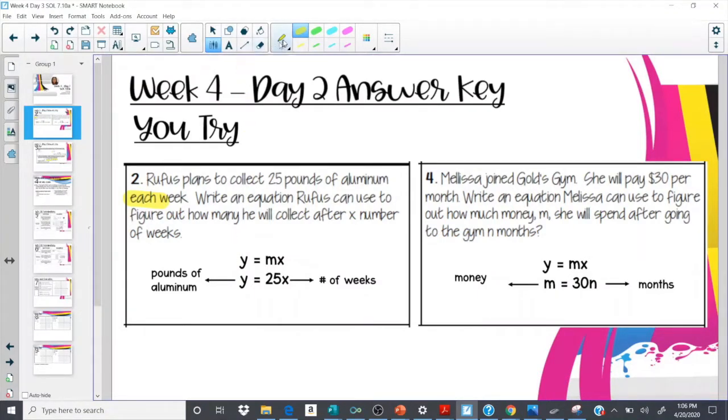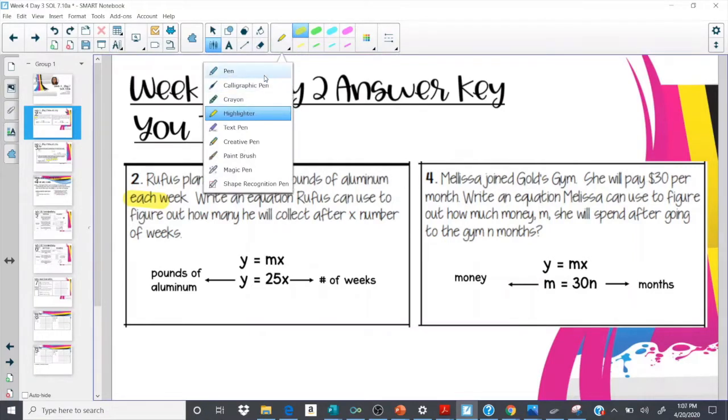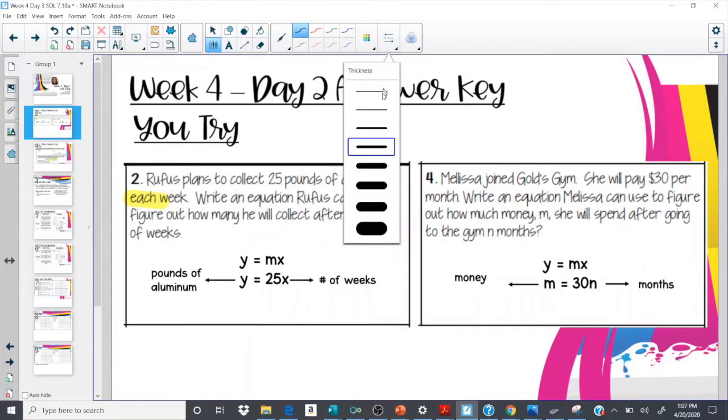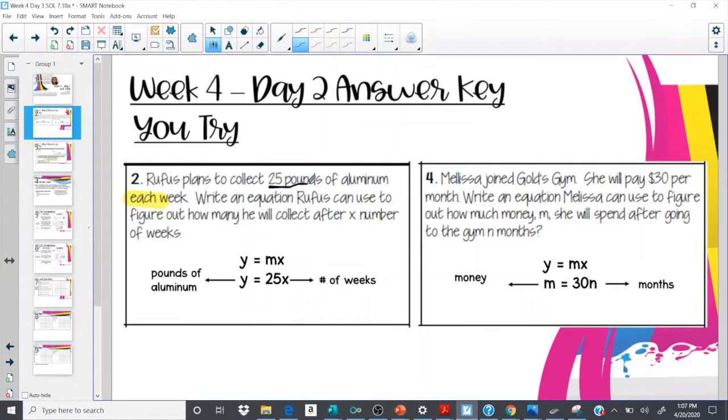So 25 pounds is actually your slope. Okay? So when you write your equation in the form y equals mx, all you do is replace m with 25 in the equation.